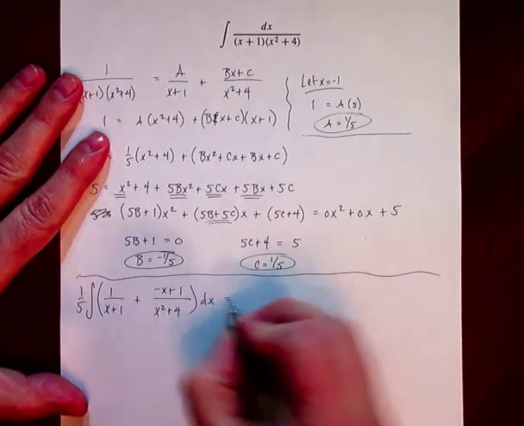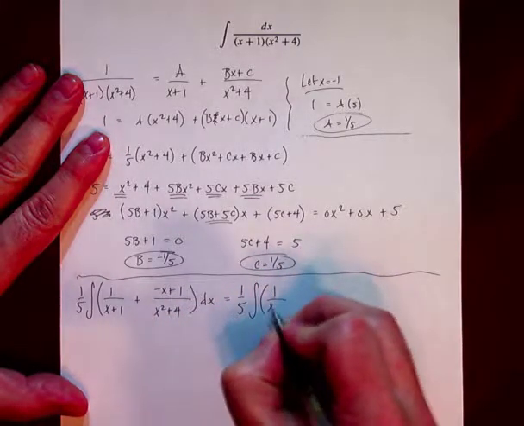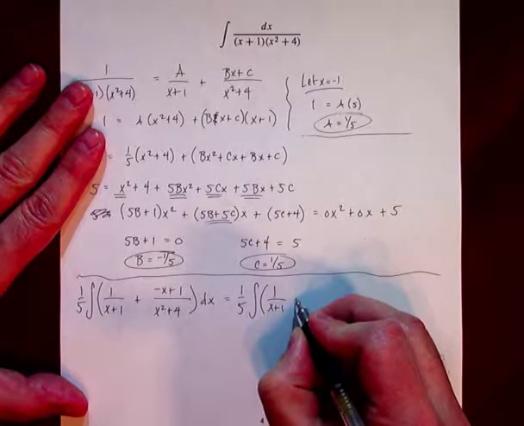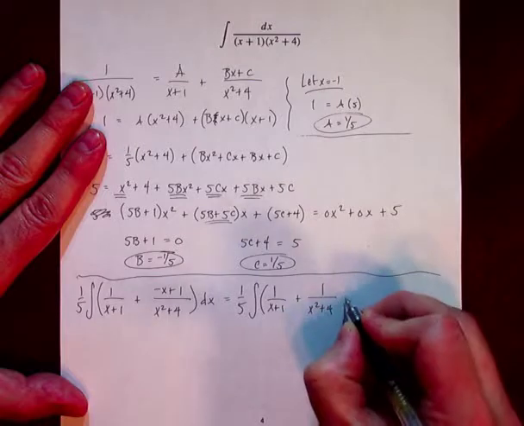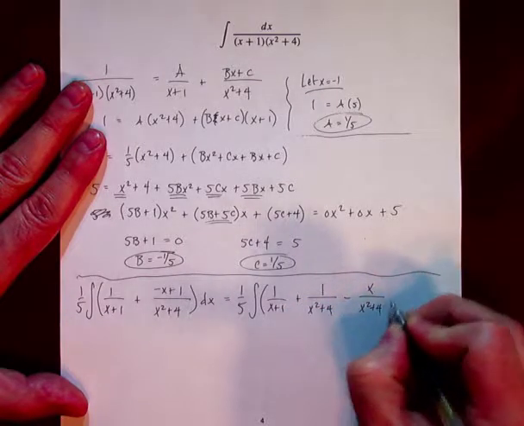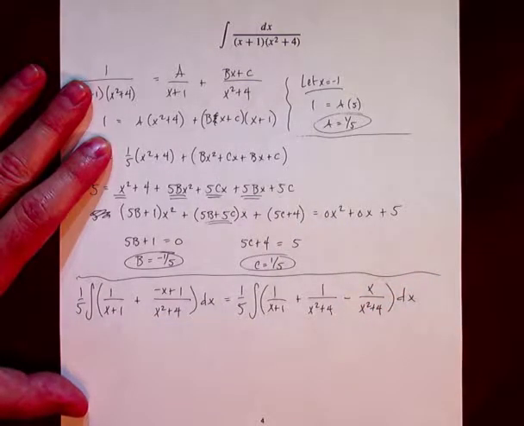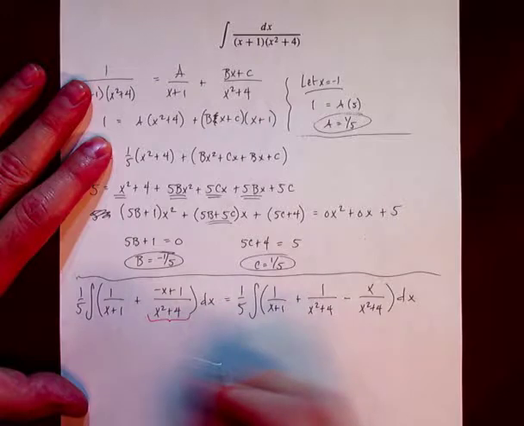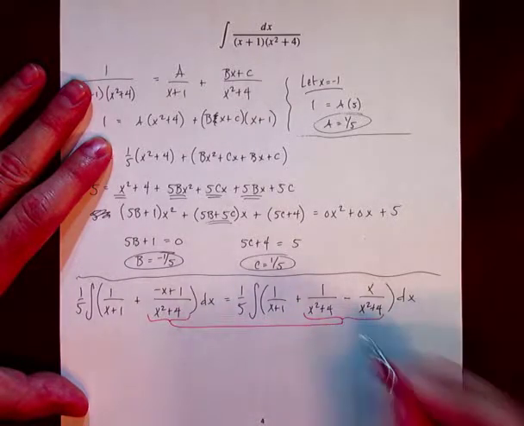And so we have 1/5, 1 over x plus 1, plus 1 over x squared plus 4, minus x over x squared plus 4 dx. So basically, this right here needed to be separated, and it became these two right here.